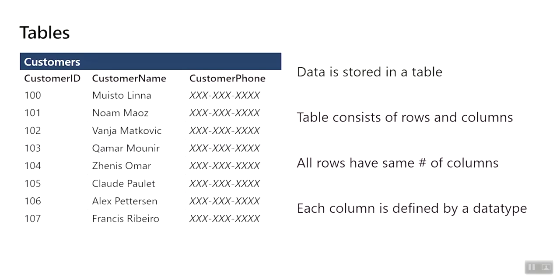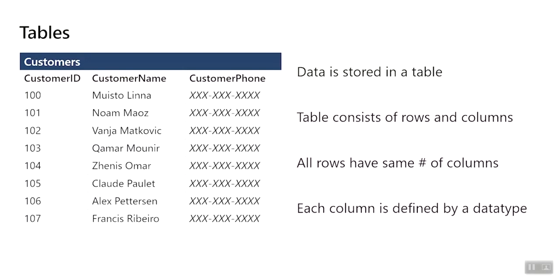A table contains rows, and each of these rows represents a single instance of an entity. So each row in this customer table contains data for a single customer, each row in the products table will define a single product, and each row in the orders table will represent an order made by a customer.